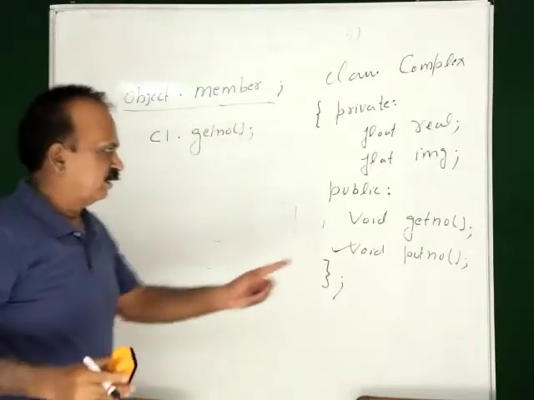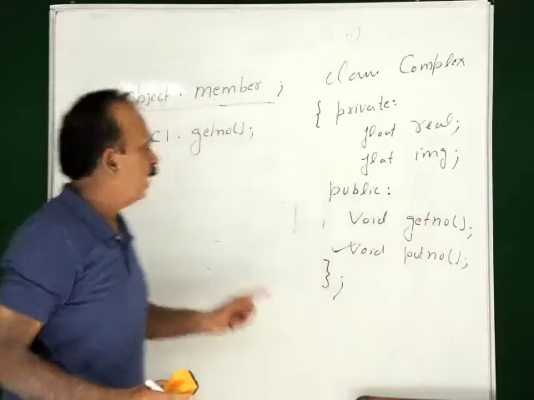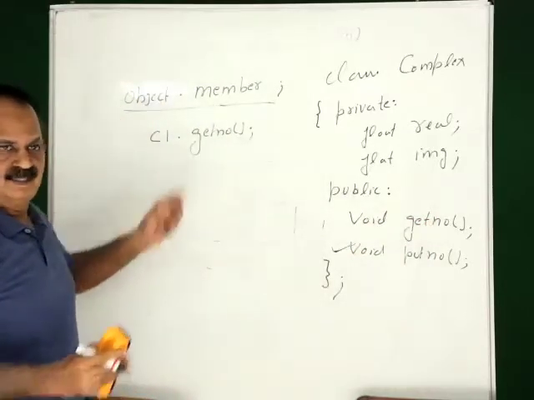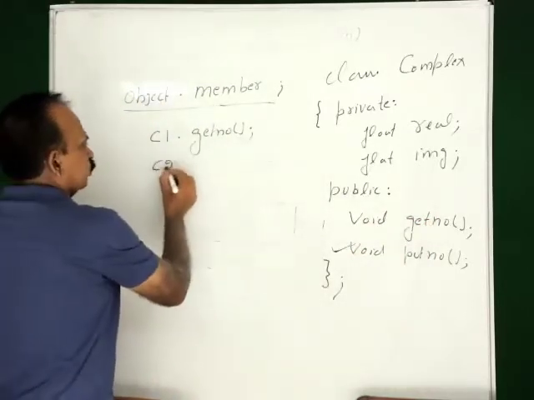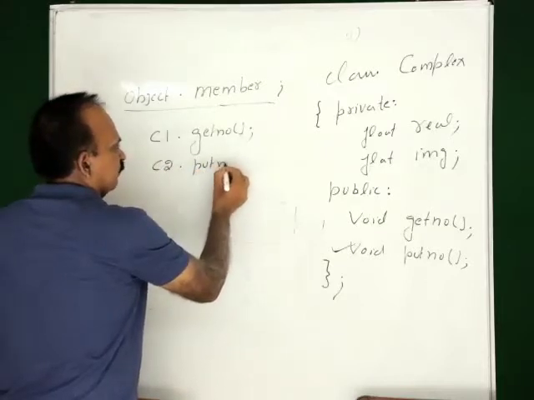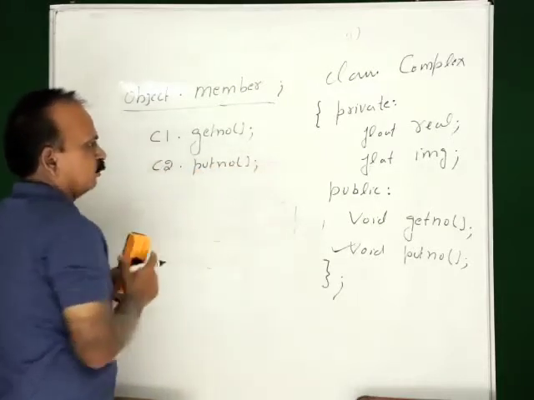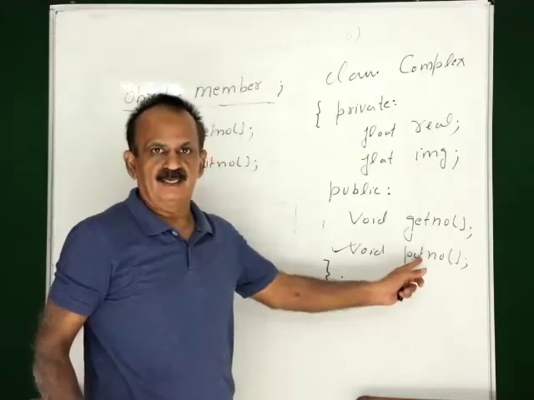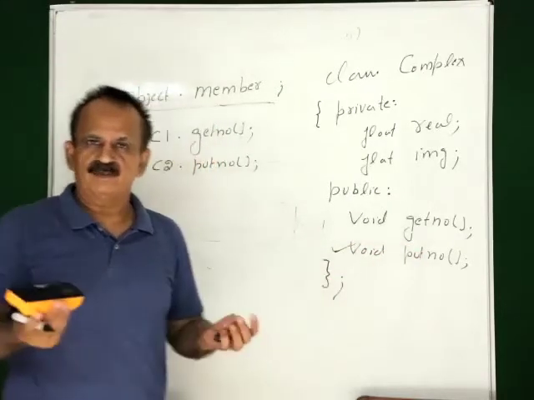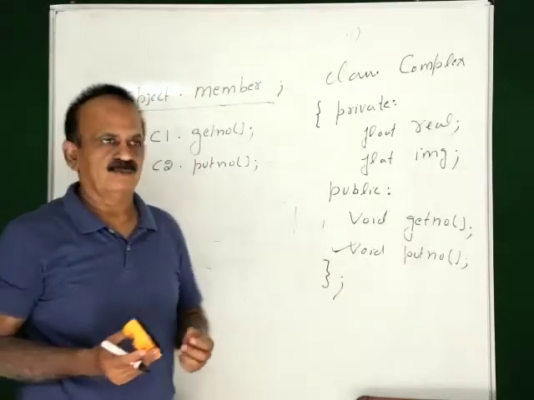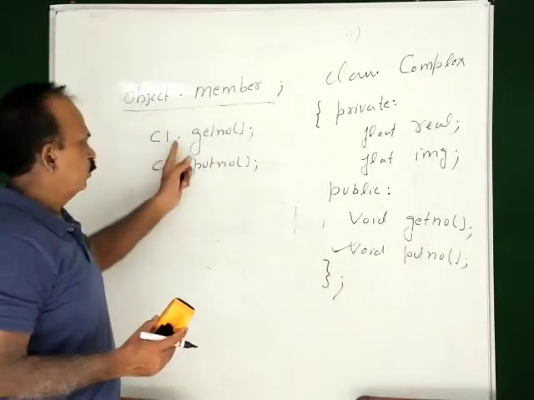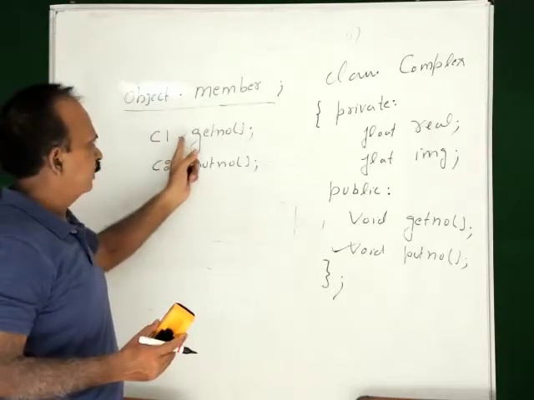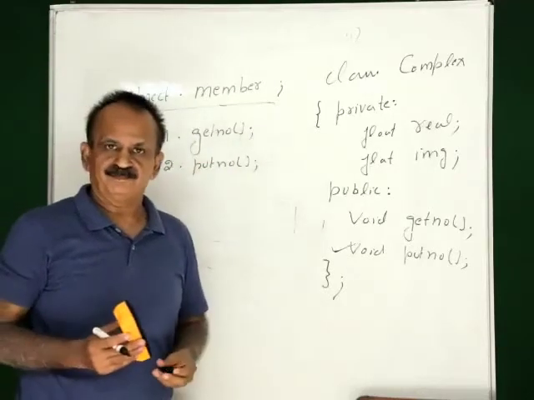This means this member function is accessed by the object C1. If I say C2 dot put number, positively it is the object C2 which is accessing the member function put number. So any member function can be accessed by the object just by putting the object name, dot operator, and the member function.